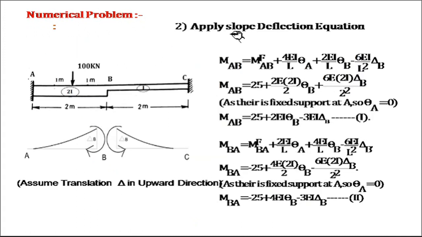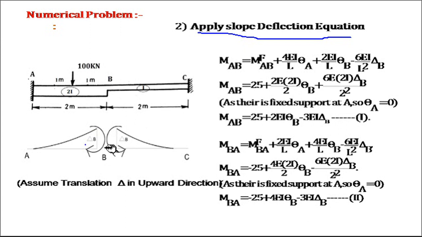Now applying the slope and deflection equation for member AB. This is the slope and deflection equation for member AB. Here we are considering the translation delta B in the upward direction at joint B. We are considering translation because the moment of inertia is changing.